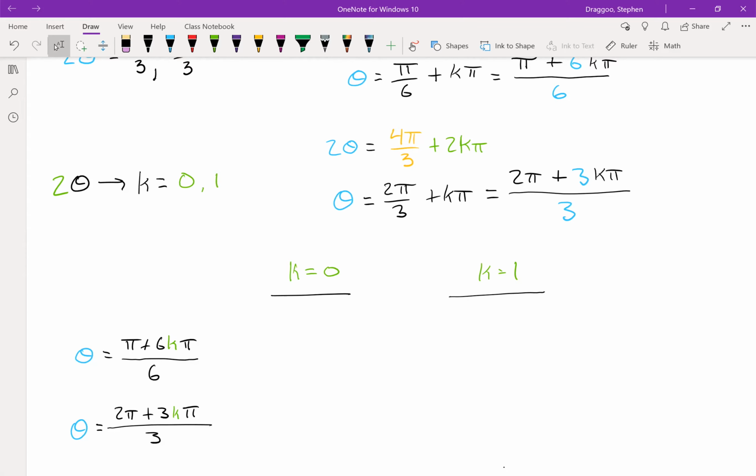So in practice, I'll just plug in 0 for k in my 2 equations and get pi over 6 from the first equation and 2 pi over 3 from the second equation. And then plug in 1 to get 7 pi over 6 in the first equation and 5 pi over 3 in the second equation.